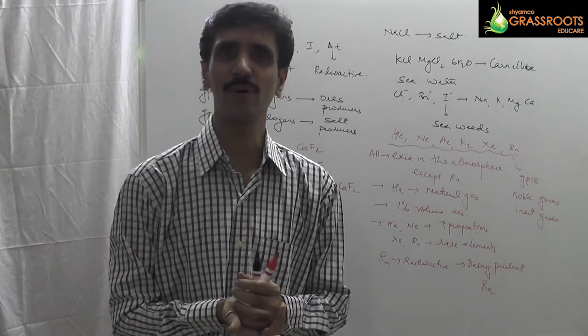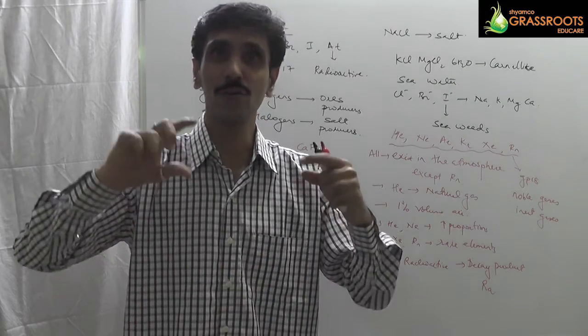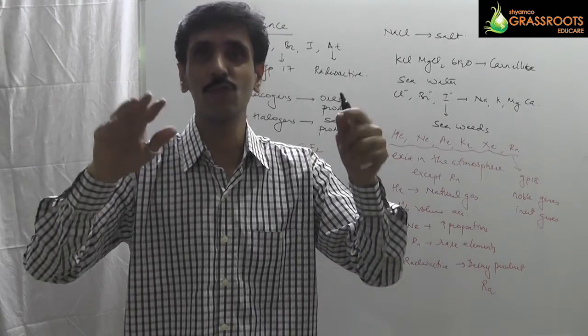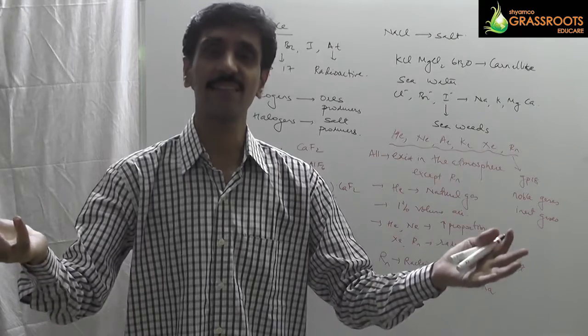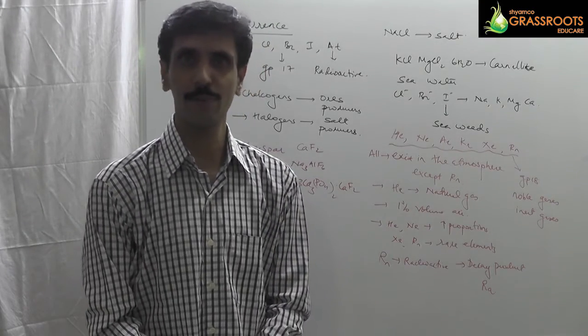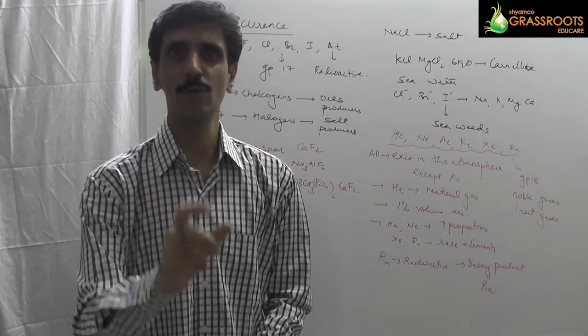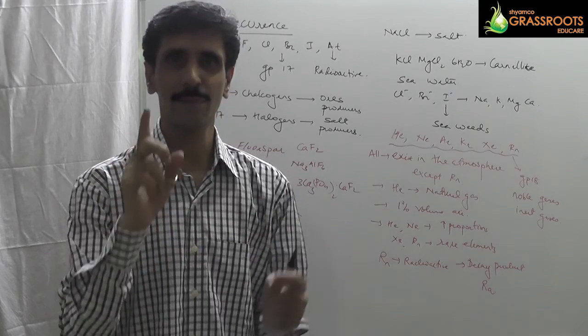They are considered radioactive elements, and hence their stability as compared to the previous elements of the same group is going to be less. Therefore their occurrence will also be in a lesser proportion. Did you understand? So with respect to occurrence of groups 16, 17 as well as 18, I guess you understood the concept.